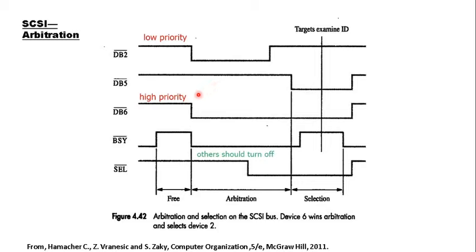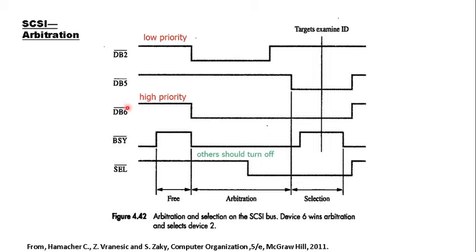And the thing is, when this BC signal is asserted as part of the arbitration mechanism, you see here, DB6 and DB2 are both putting their claim for the bus, so the BC signal will be put to active by DB2 and DB6 together. And when this BC signal is activated, all the controllers will listen on their DB lines.